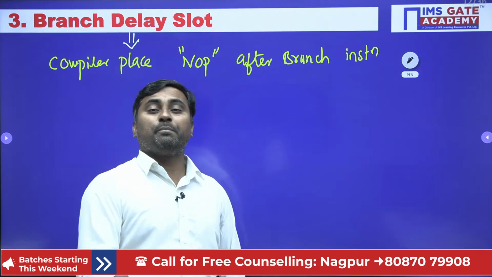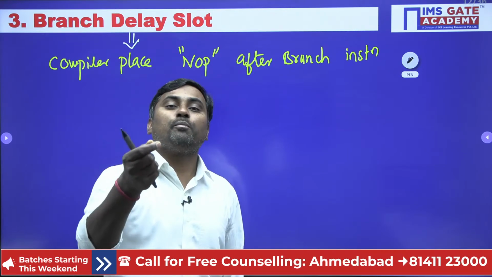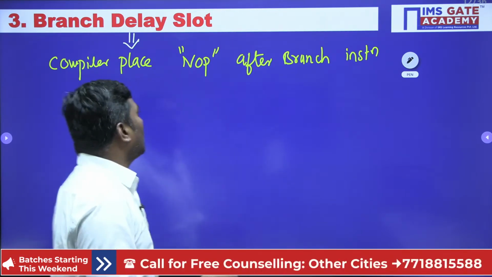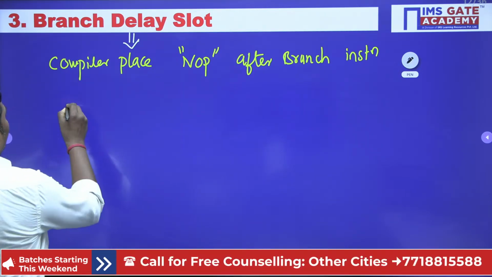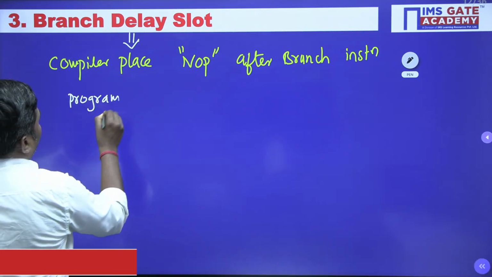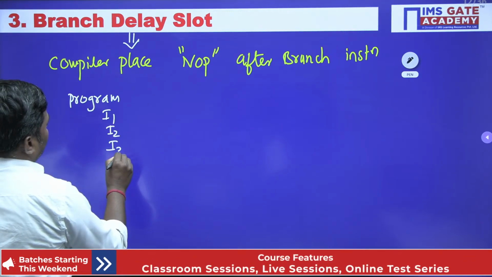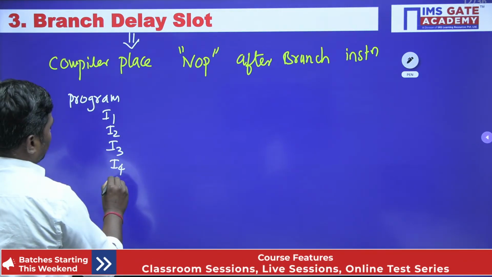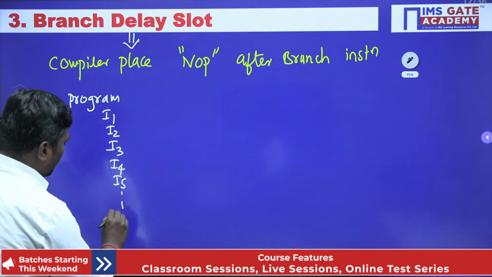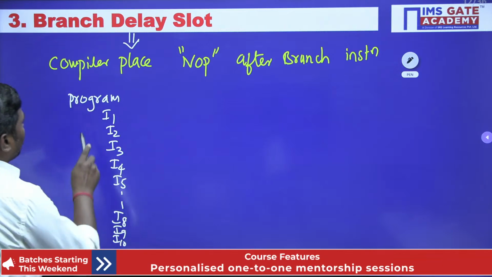But if I keep a NOP operation at compile time, what happens? The overhead of the pipeline can be reduced. How, sir? Suppose a program has instruction 1, instruction 2, instruction 3, instruction 4, instruction 5, instruction 8, instruction 9, instruction 10, total 10 instructions.